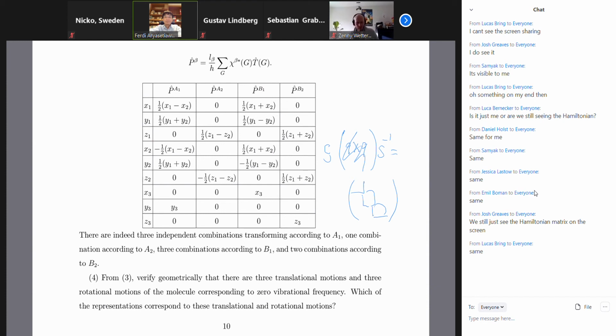And then there will be the remaining 3, which correspond to vibrations. So there will be 3 vibrations with non-zero frequencies. So let's figure out first the translations. I have it here.